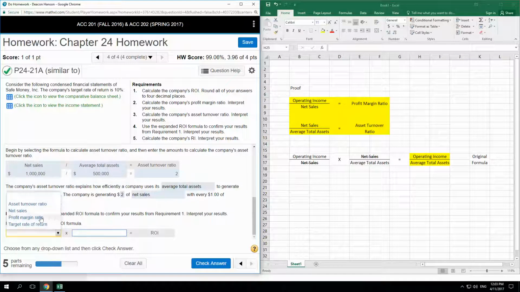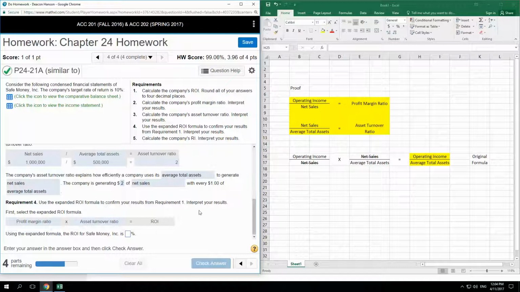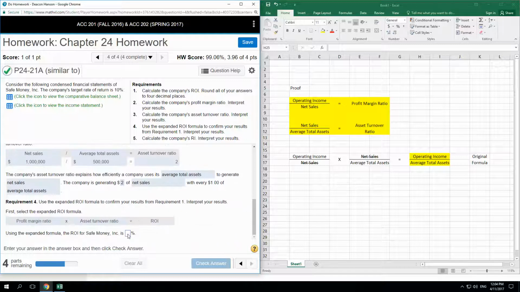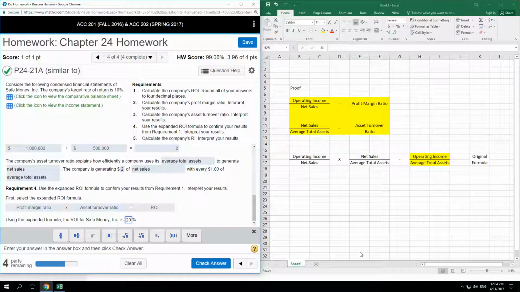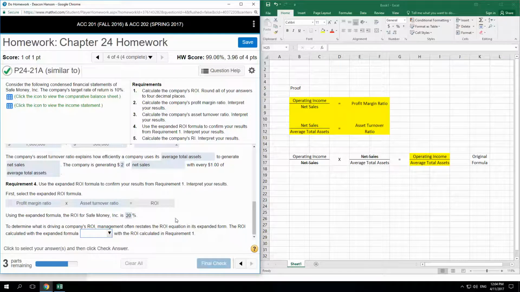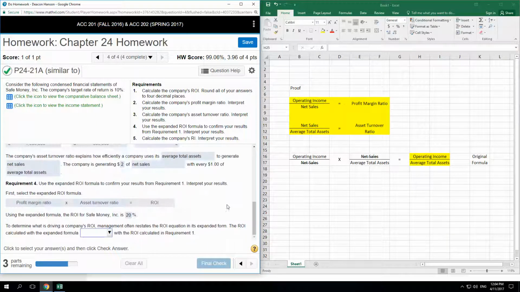So you can take your profit margin ratio times your asset turnover ratio. Okay, so that's going to be 10% times 2, which is going to give you 20%. Okay, and notice that 20% there agrees to the original return on investment 20% that we came up with, based on this proof I walked you through.